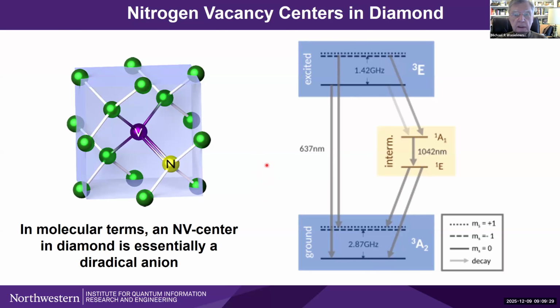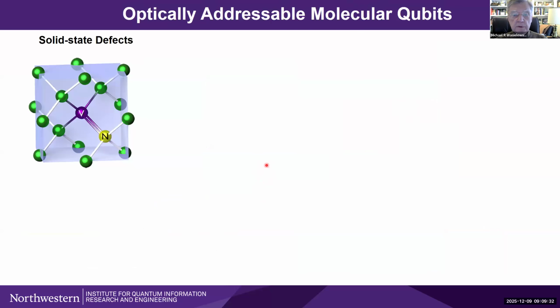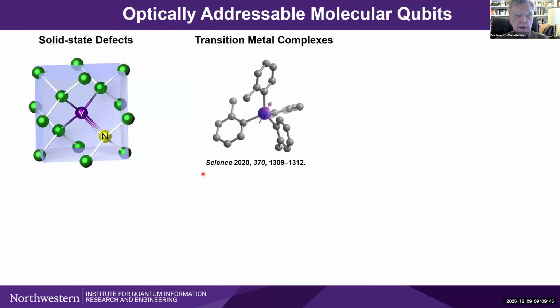So what we want to do is address this problem using molecular systems. Here's our defect center again, and there are other defect centers as well. For instance, silicon carbide has defect centers, which are becoming very strongly researched at this time.